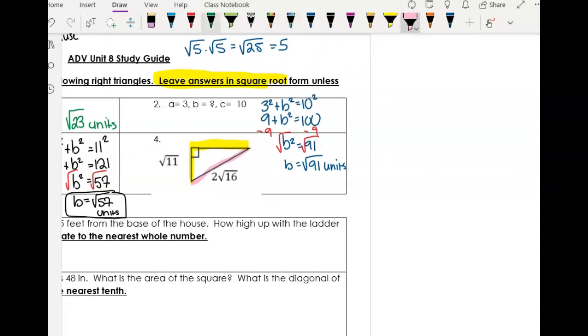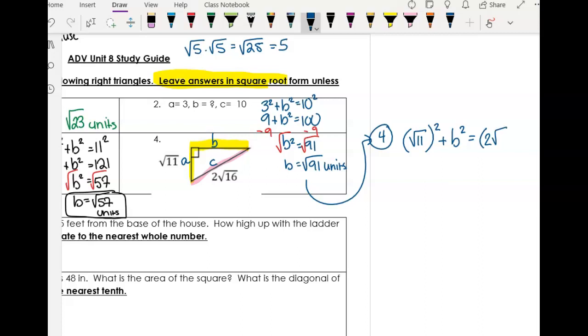Okay, so I'm going to go ahead and label this A, B, and C, and I'm going to plug in, so let's just do, this is number 4 right here. Okay, the square root of 11, remember, don't touch your calculator, just plug in exactly what's there. Okay, then it's plus B squared equals 2 radical 16 squared.